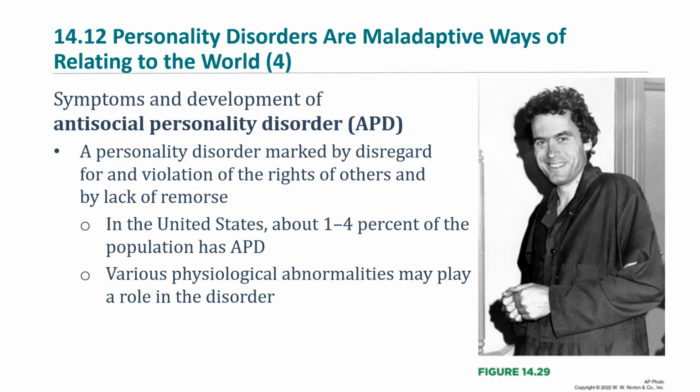People with APD are primarily males. They say about 25% of the prison population would qualify as having antisocial personality disorder. Because once again, if you have this, you're more likely to do things like break laws and commit crimes, because you don't really tend to worry about your own safety, and so you don't really worry about ripping people off or hurting others.